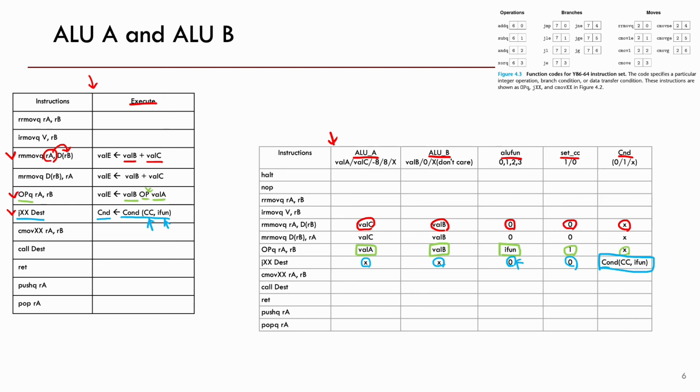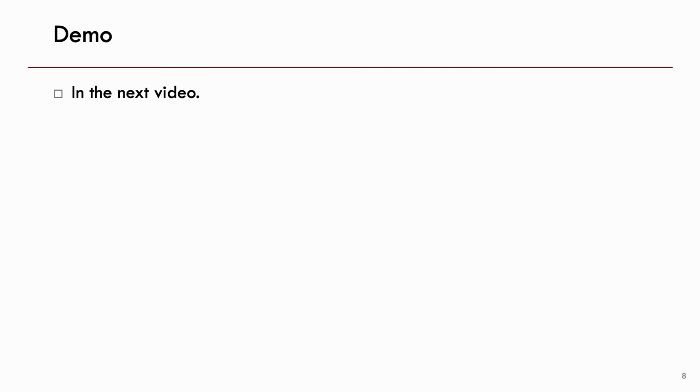This signal will be used in the PC update stage when we update the PC value. That's it for the execution stage.